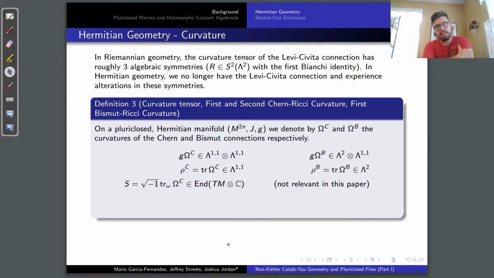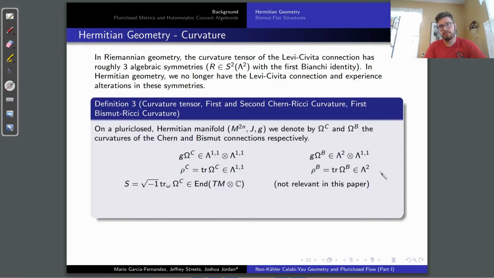We can also define the first Chern-Ricci curvature, which is this guy, and the first Bismut-Ricci curvature. This is why I wanted to give you the curvatures as endomorphisms, because then there's a natural trace. So you trace over the endomorphism part, and you're left with a 2-form. In particular, it's a wedge 1,1 form.